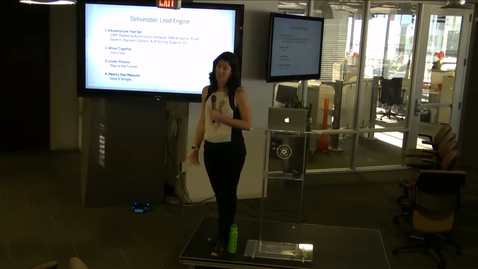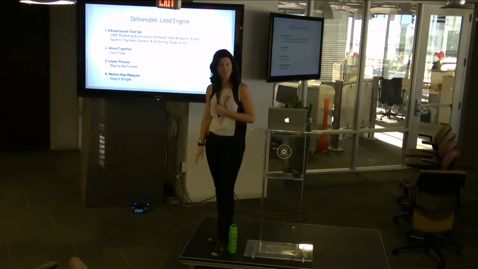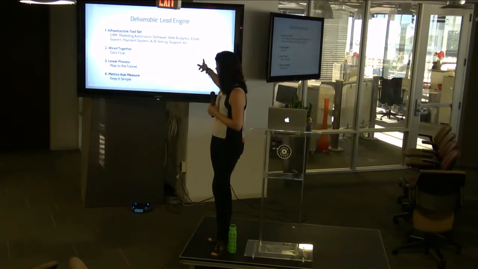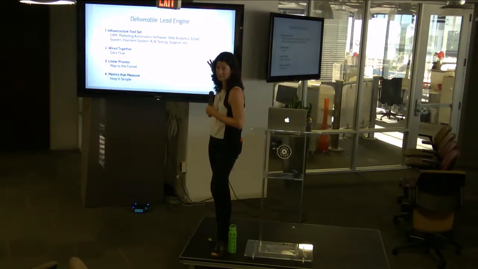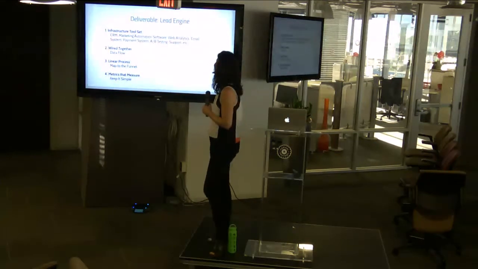I have not yet worked with Pardot or Marketo, but I hear those are great. I'm about to work with Marketo in about 2 months. Web analytics, GA. Everyone uses GA, yes? And there's all kinds of other ones out there. Crazy Egg has always been fun for me. There are other things, Omniture, if you're so lucky to work with Omniture.